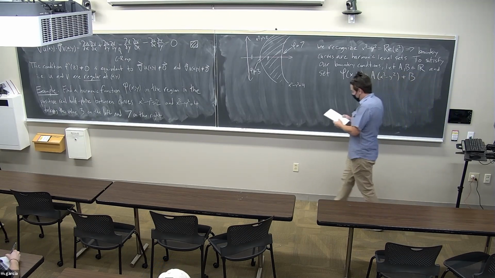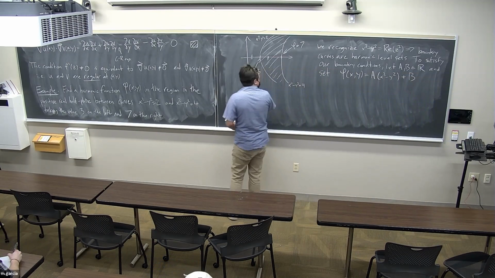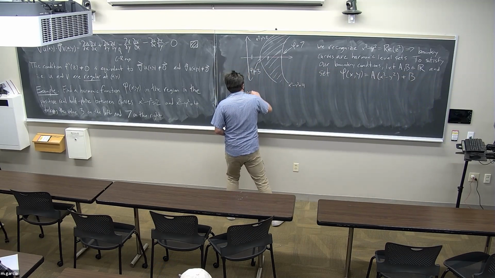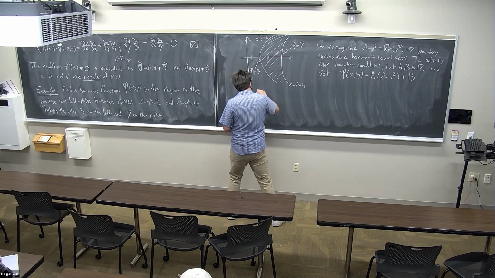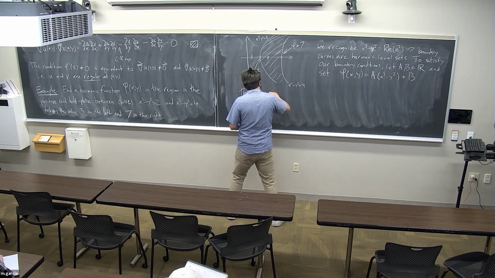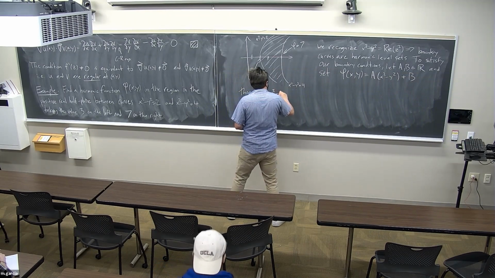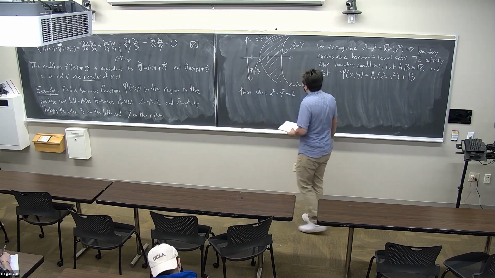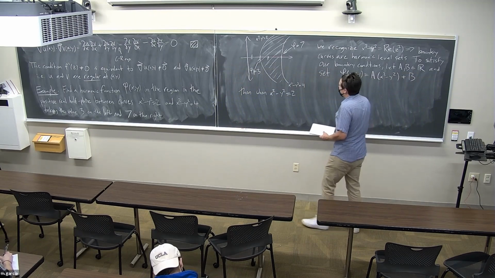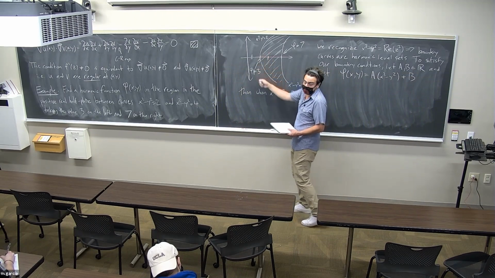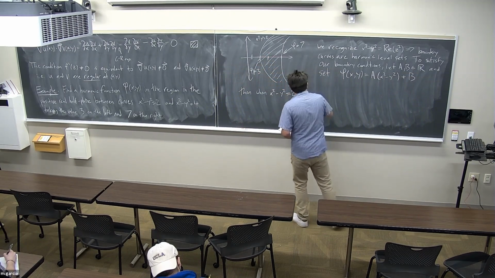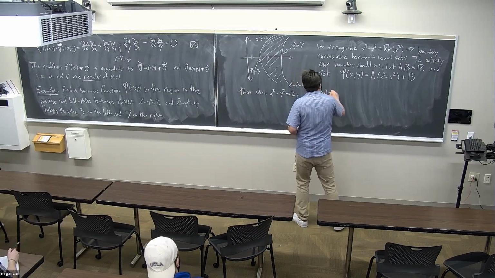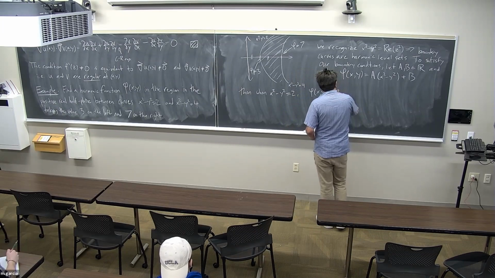So then whenever we have x squared minus y squared equal to 2, that is to say, along this curve, we get phi of x, y is equal to 2a plus b.